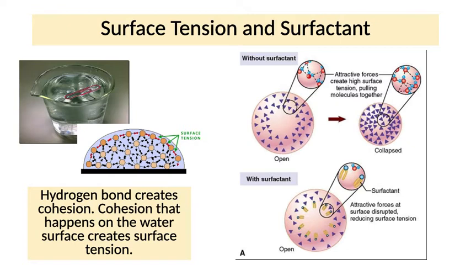However, with surfactant, which in our body is like a natural detergent, similar to the detergent you can find in cleaning products, but produced naturally by our body, the surfactant will reduce the surface tension, and as a result, the cohesion between the water molecules will be reduced as well.